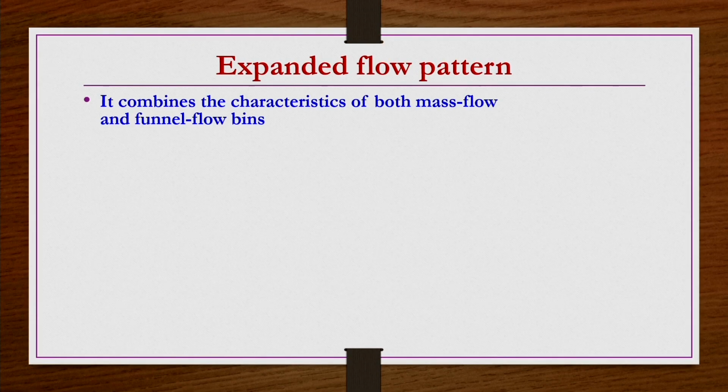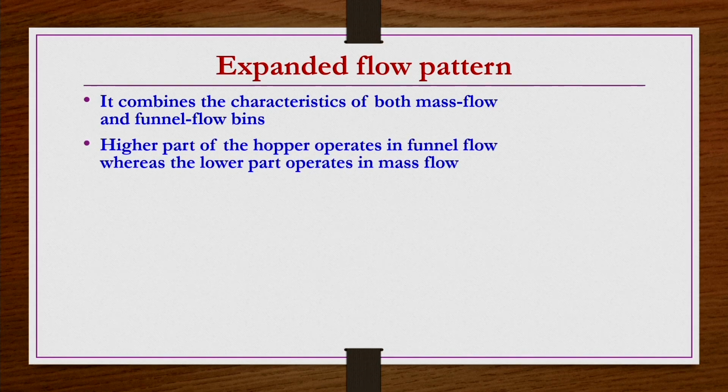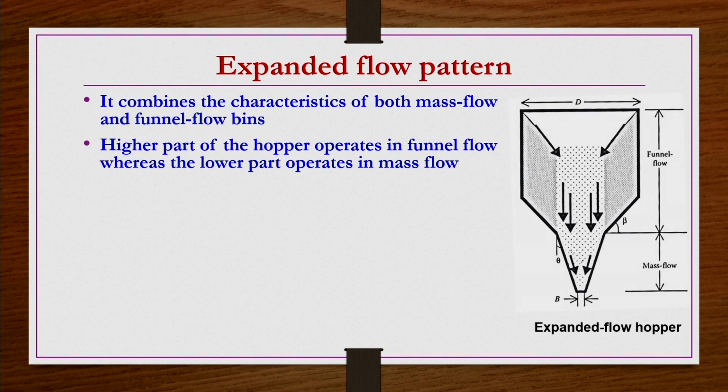Then the next one is the expanded flow pattern. It combines the characteristics of both mass flow and funnel flow bins, where the higher part of the hopper operates in funnel flow pattern, whereas the lower part operates in mass flow pattern. Pictorially, it looks something like this. Now, rather than having one hopper angle, we have two hopper angles here.